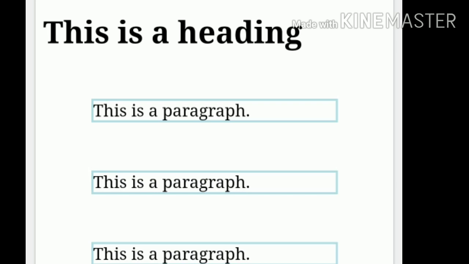In this example program, open the HTML, open the head. After that go for a link: rel equal to within double quotation marks stylesheet, href equal to within double quotation marks https://www.w3skills.com/html/styles.css, closing the double quotation.